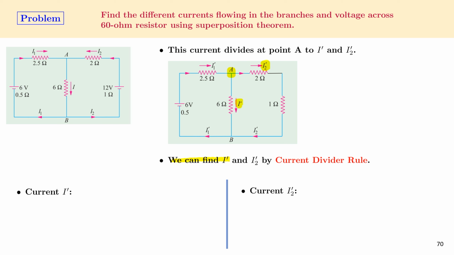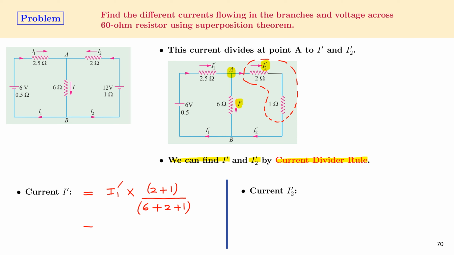We can find I prime and then I2 prime by using the current divider rule. According to the current divider rule, the current I prime is given by the total current, that is I1 prime, multiplied by the resistance in the other branch, so this is the other branch, divided by the total resistance in the loop, that is 6 plus 2 plus 1.